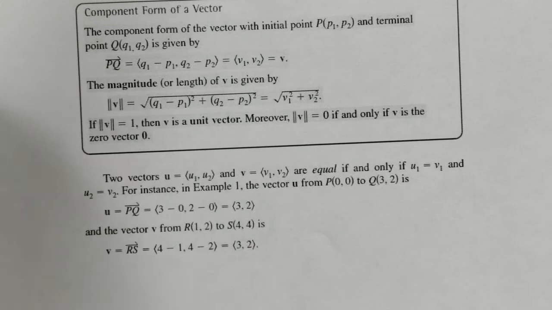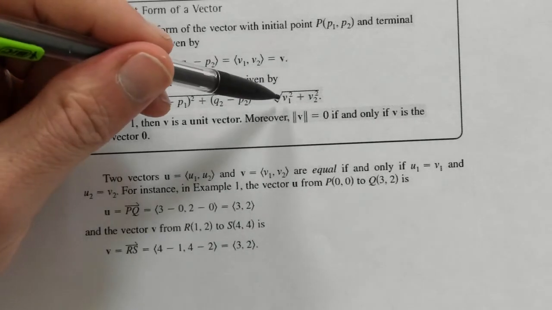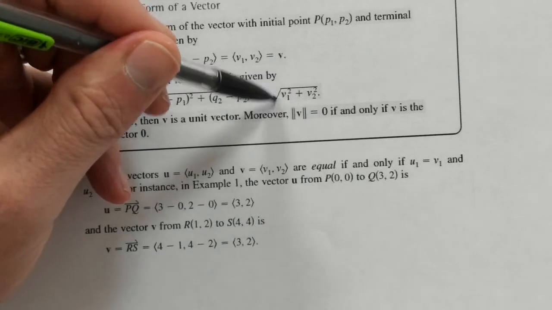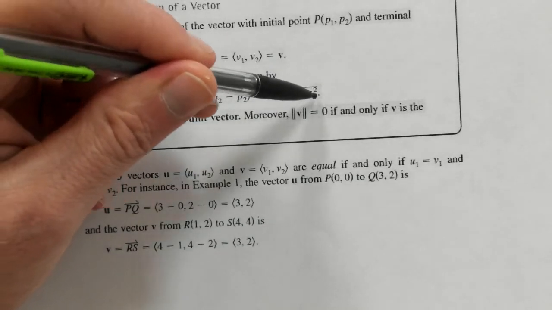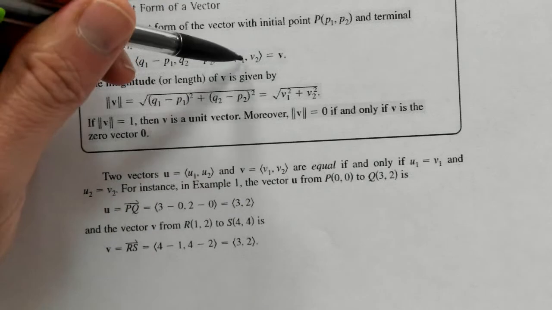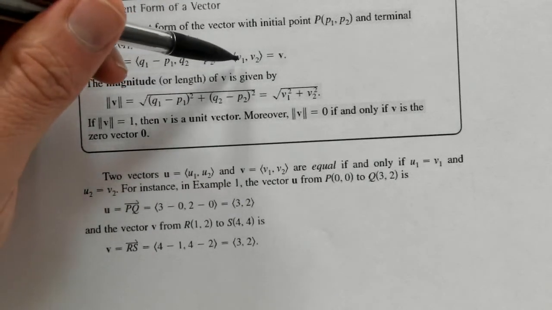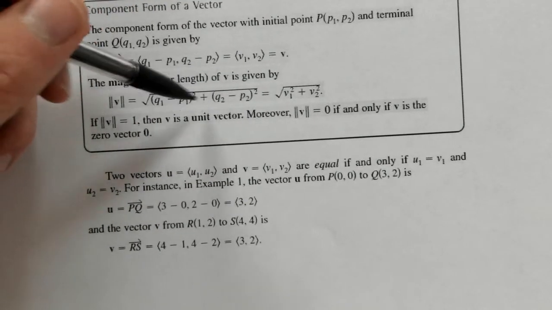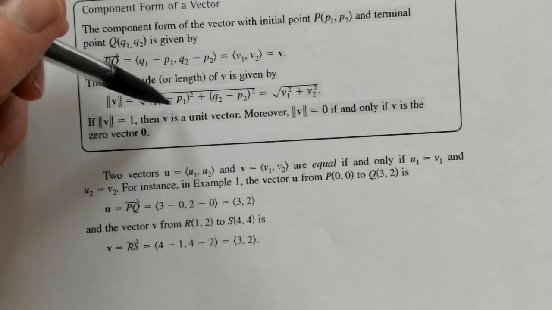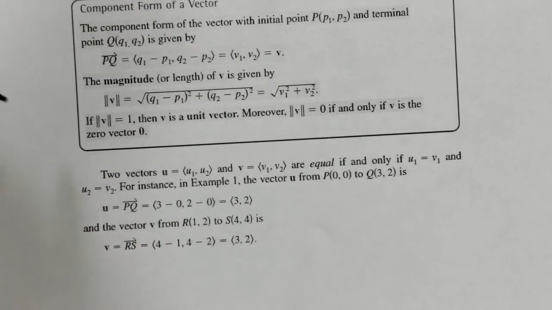Or if you've already got it in component form, then it's just the square root of v1 squared plus v2 squared. Because component form is the change in x's and the change in y's. All right, so there you go.